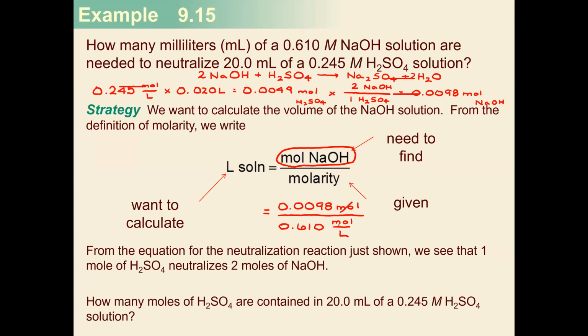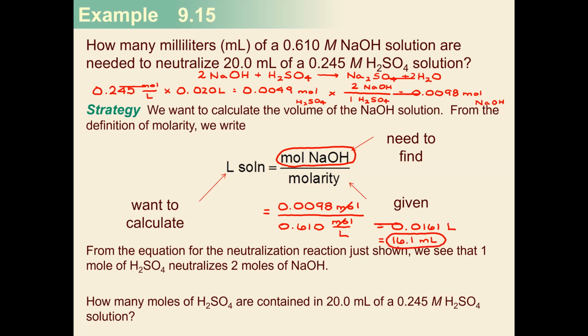My moles and moles will cancel. My liters are going to be the denominator of a denominator, which makes it the numerator of my answer. And you would end up with a value of 0.0161 liters. But if we multiply that by 1,000, you would end up with 16.1 milliliters of my base solution.